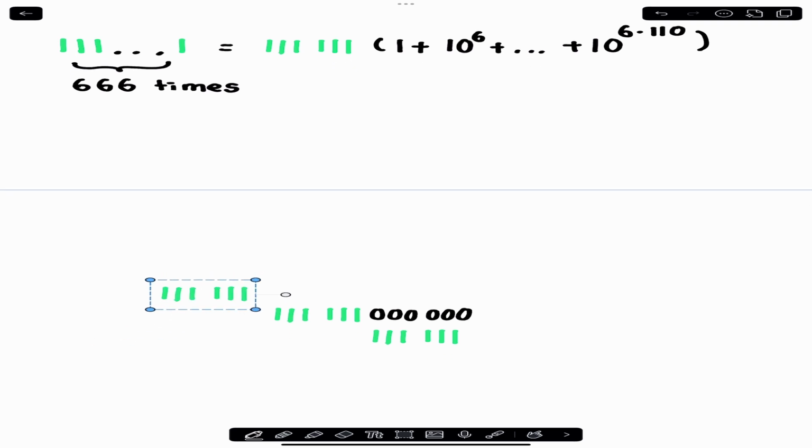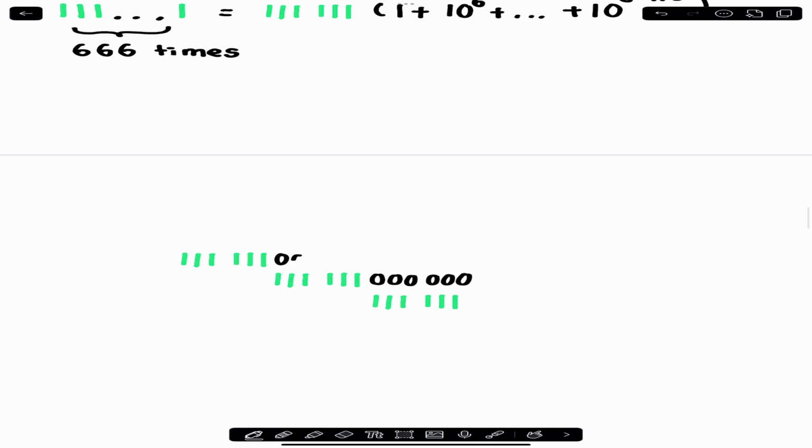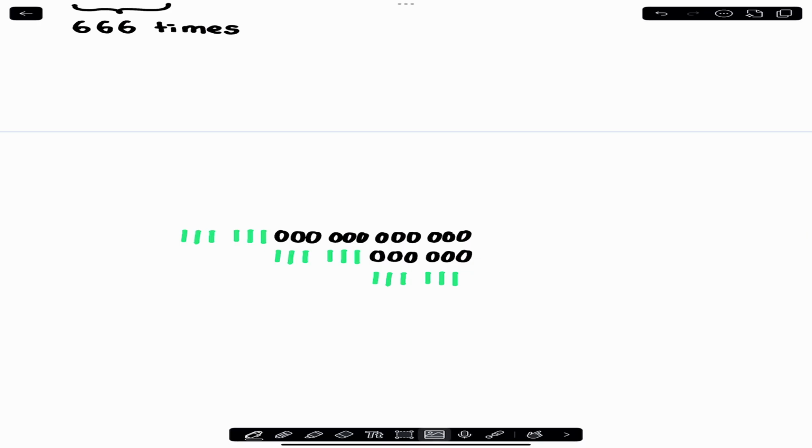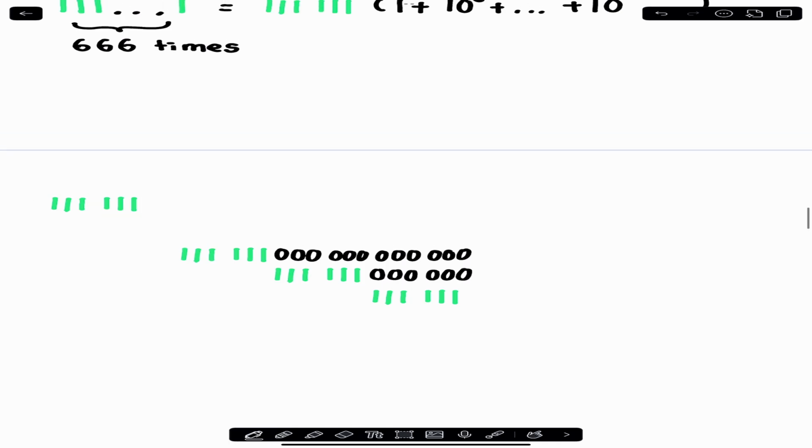So basically, we're viewing it like this. Just a bunch of 1s and zeros, and they have all shifted 6 spots.